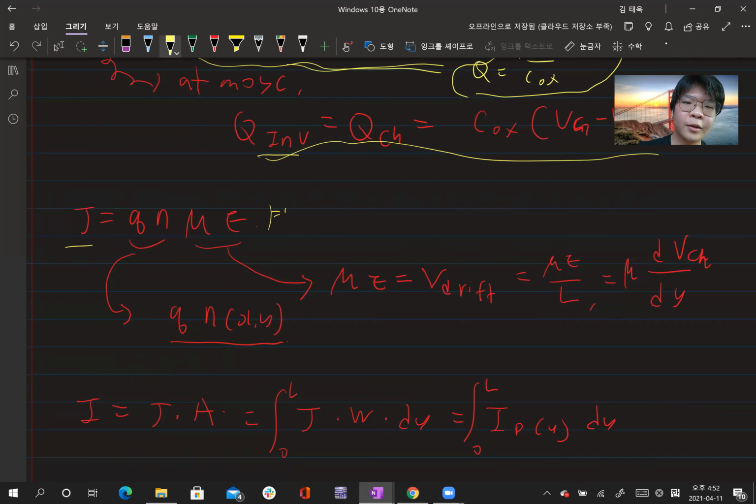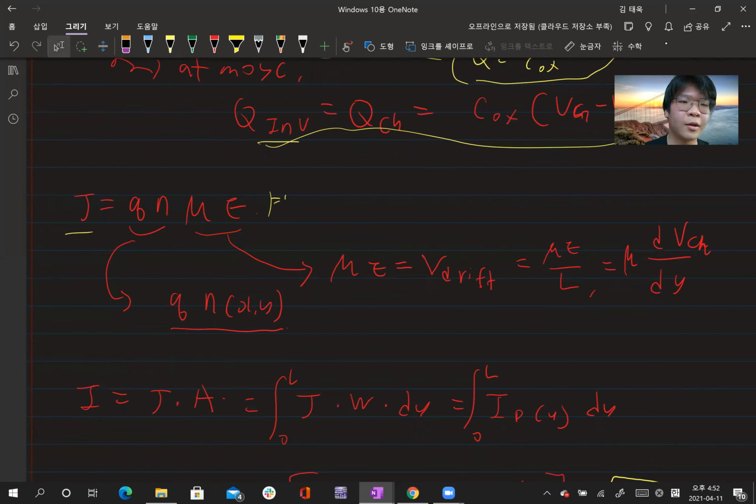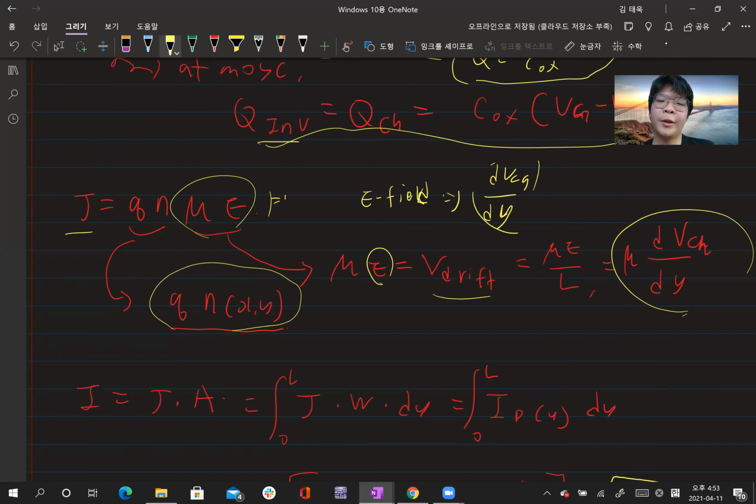By using this charge, we can use that charge equation here, and the mobility and electric field will be defined as here, because the electric field is the difference in voltage over the displacement.